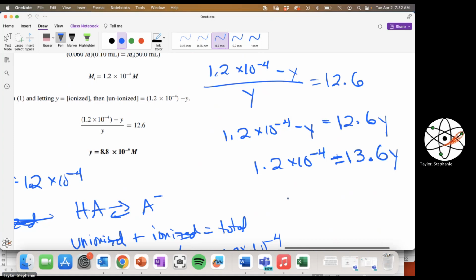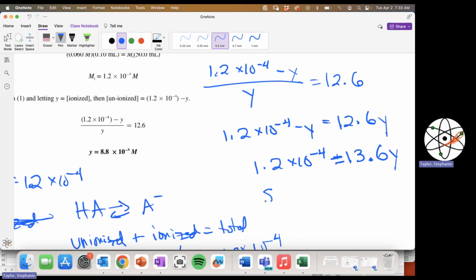Oh, look, I get the same thing, 1.2 times 10 to the negative 4. What? Divided by 13? Oh, divided by 13.6. Plug in the correct number into the calculator and maybe we will actually get the right answer. 1.2 EE negative 4 divided by 13.6.